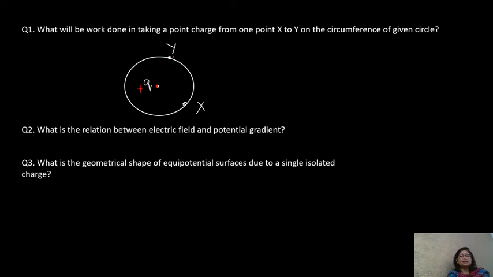So this circumference represents the equipotential surface, and as we know the property of an equipotential surface, there will be no work done in moving a charge on the surface. So work done will be 0. Why is it 0? Because it is equal to the potential difference between the two points into the test charge, and Vxy equals 0, so work done will be 0.